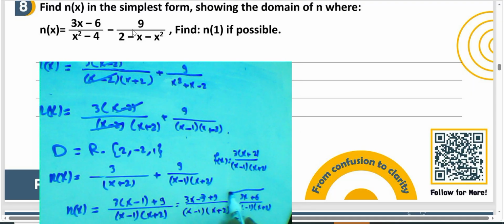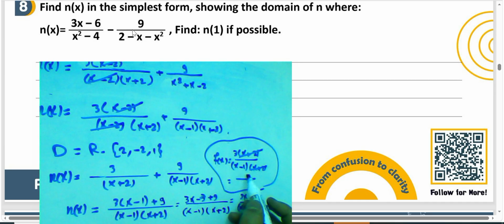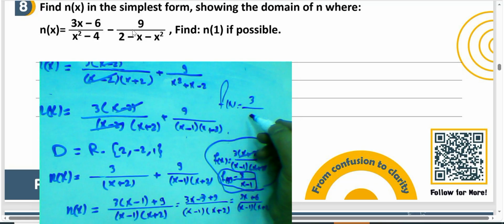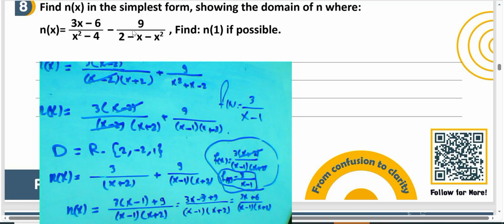You can simplify this expression by cancelling brackets by brackets, and the result will be 3 over x minus 1. The last will be f of x equals 3 over x minus 1 in the simplest form.